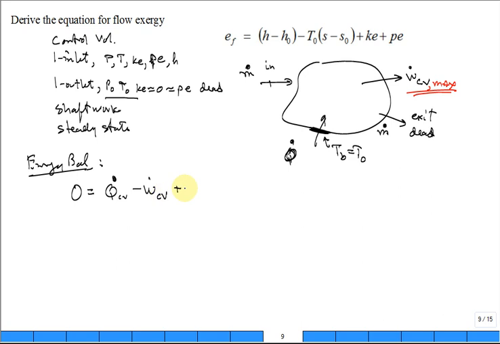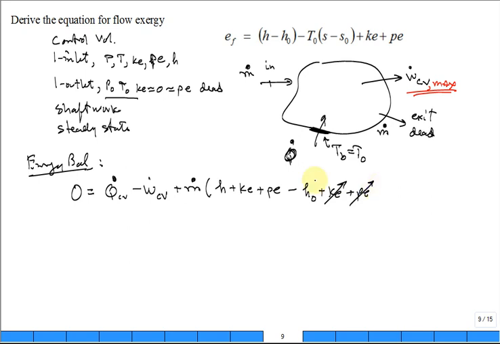We're coming in with some enthalpy and some kinetic energy and some potential energy, and we're going out with some enthalpy, but that's a dead state enthalpy. The dead state kinetic energy, hey, that's 0, and the dead state potential energy, that's 0.